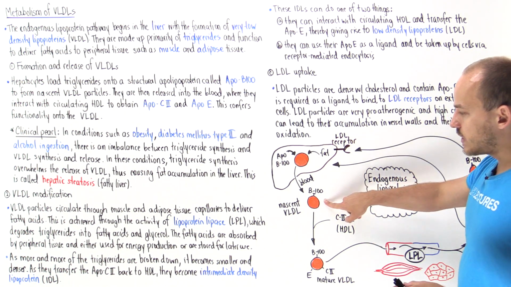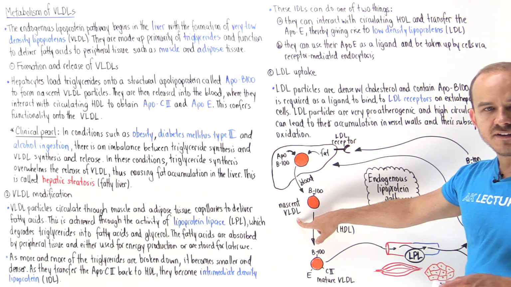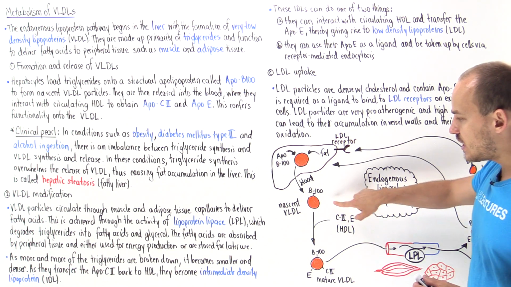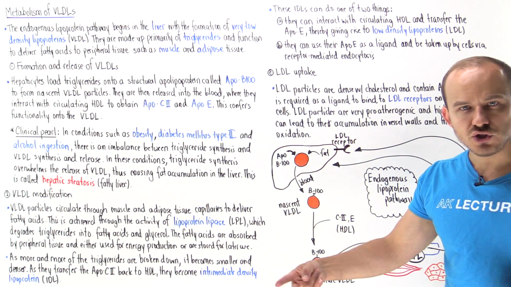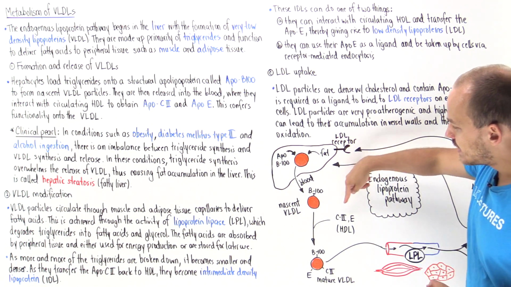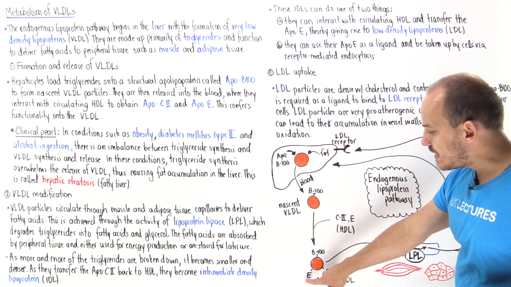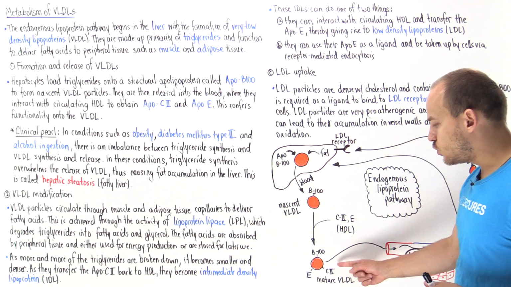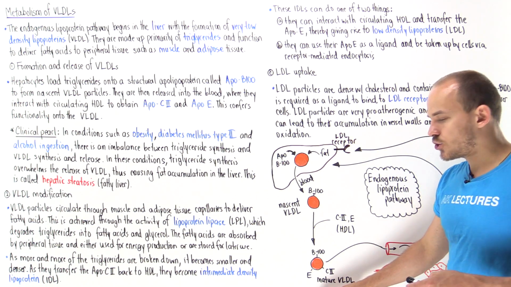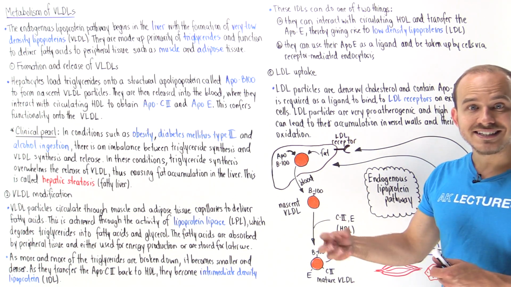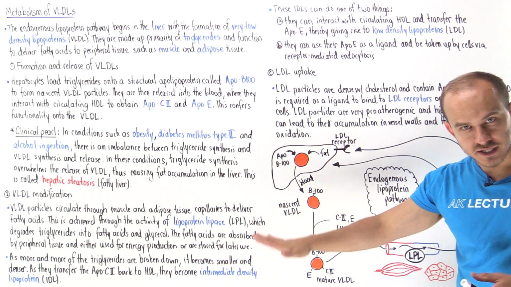Now in the bloodstream, HDL molecules associate with these nascent VLDL molecules, and give the immature VLDL molecules two additional apolipoproteins, ApoC2 and ApoE. And once they receive the ApoE and ApoC2, they become mature and fully functional. Now these mature VLDL molecules are ready to give fatty acids to their target extrahepatic tissue.